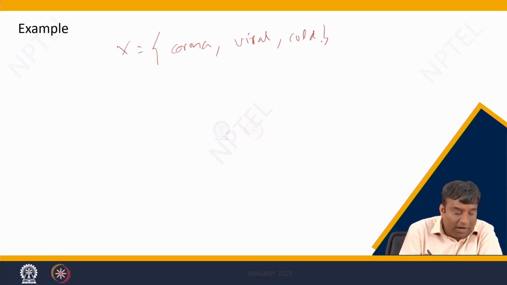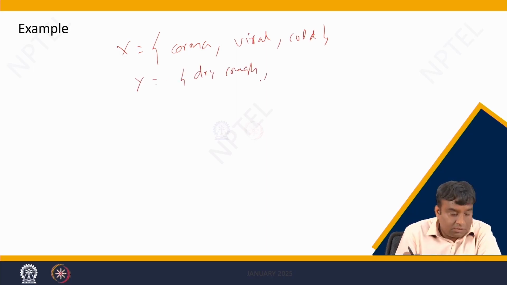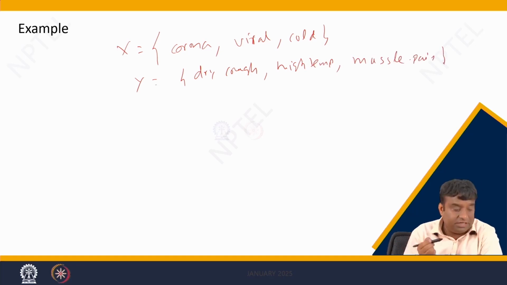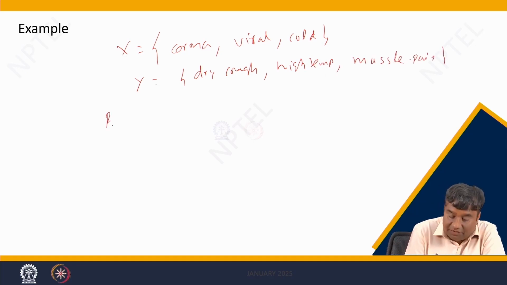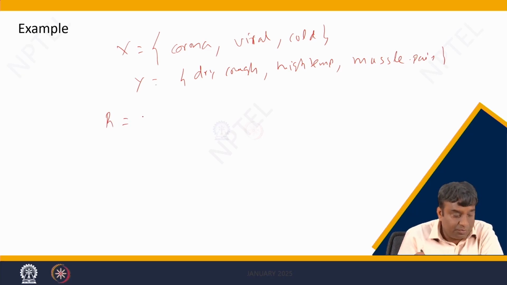Let X denote the diseases present, like fever, corona, viral, cold, and let Y denote the symptoms, which are dry cough and muscle pain.